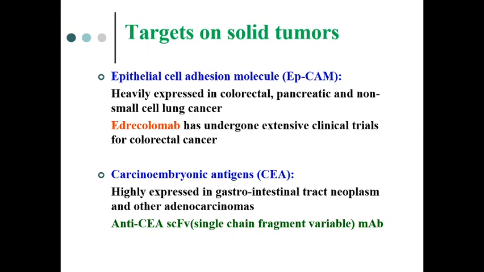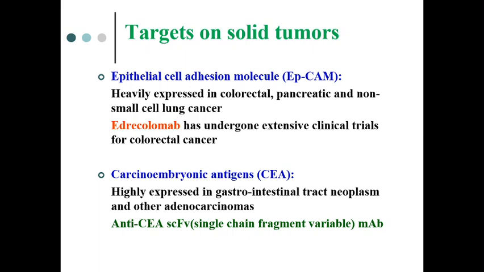Carcinoembryonic antigen is another antigen which is expressed especially by colorectal cancer, and there is a single chain fragment variable monoclonal antibody, that is the scFv fragment, directed against the carcinoembryonic antigen expressed by colorectal cancers.